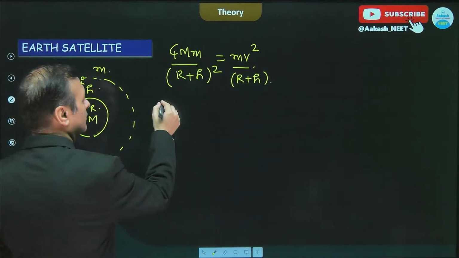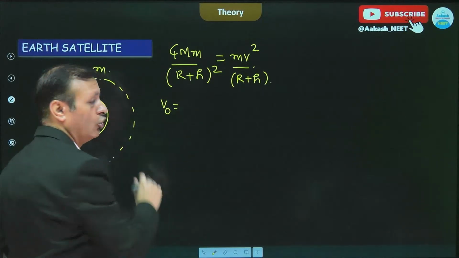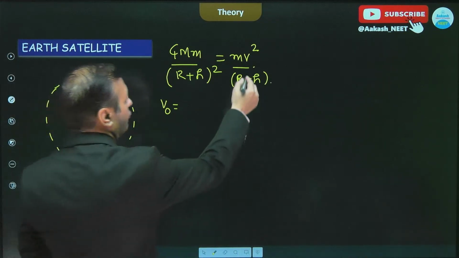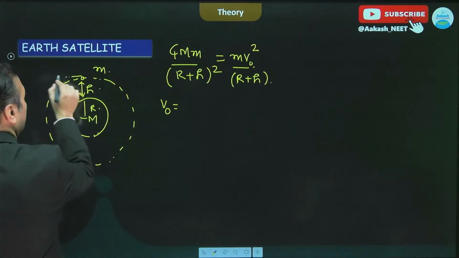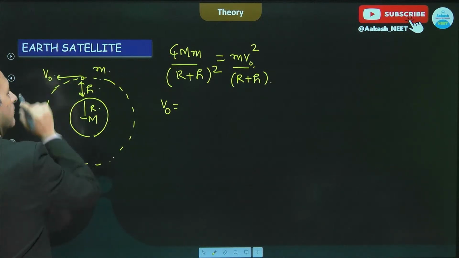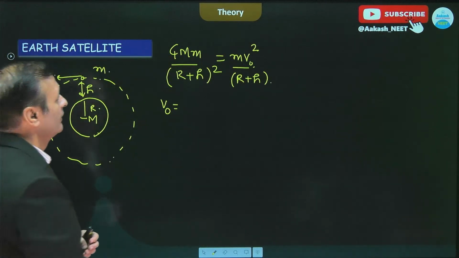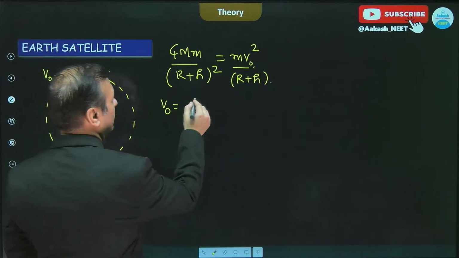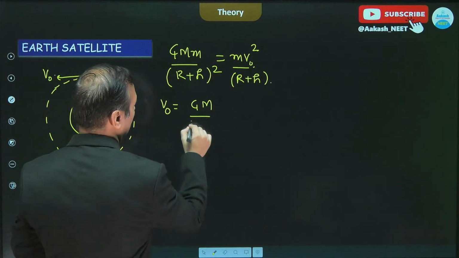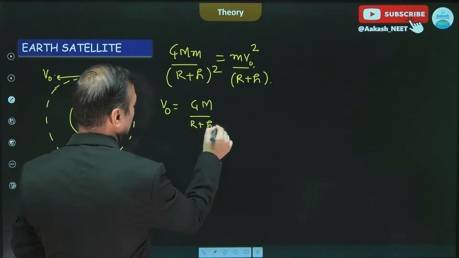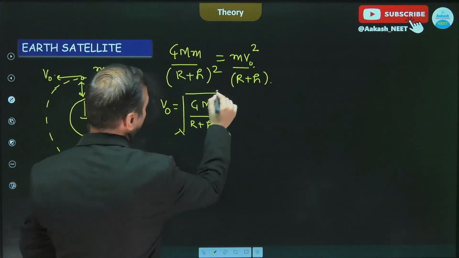And from here, you will have the value of orbital speed. So this orbital speed becomes square root of GM upon (R plus h).